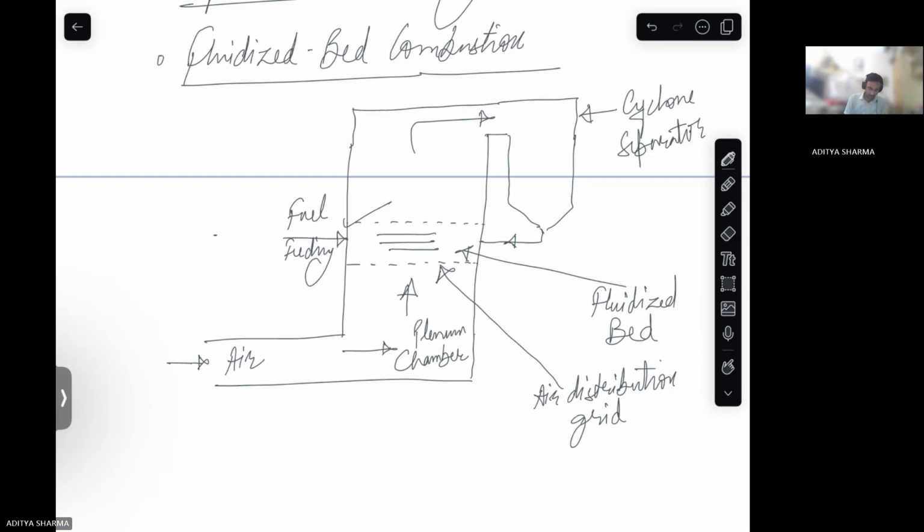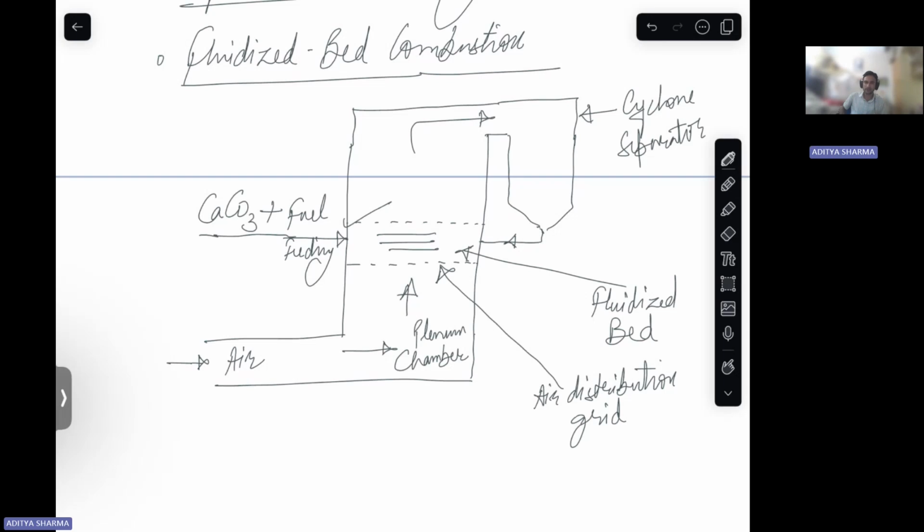But one more thing is also here, that we add calcium carbonate with the fuel in the fluidized bed. And what is the importance of that? This is basically to neutralize the sulfur dioxide formed, because we don't want sulfur dioxide in our products, because it is toxic. So for that, we add calcium carbonate.